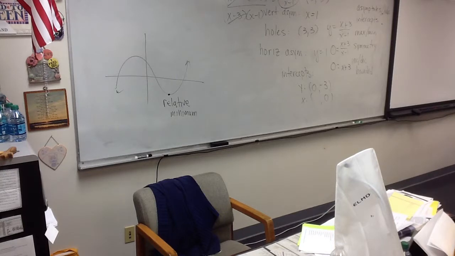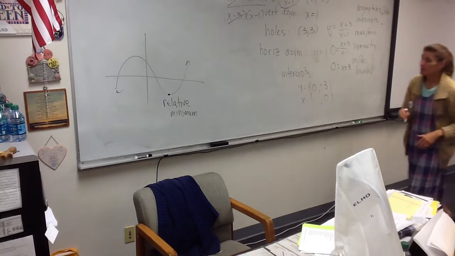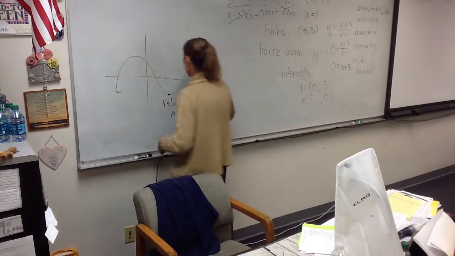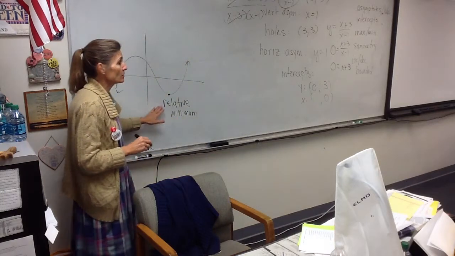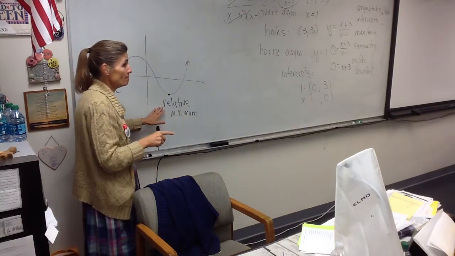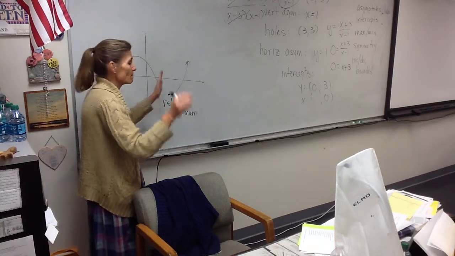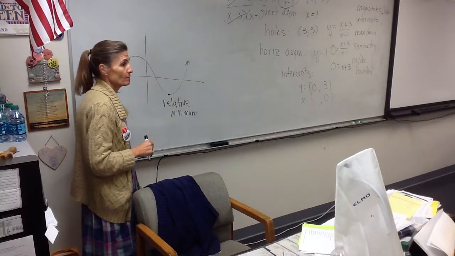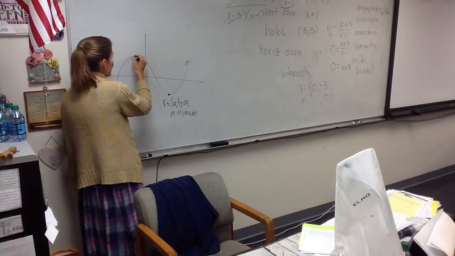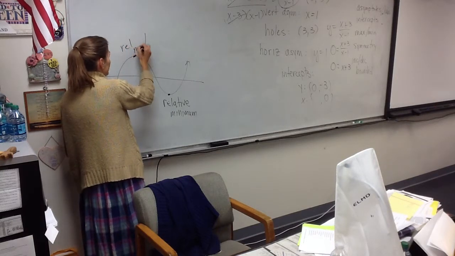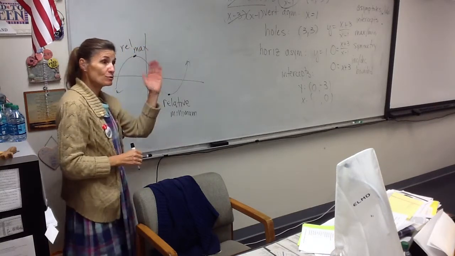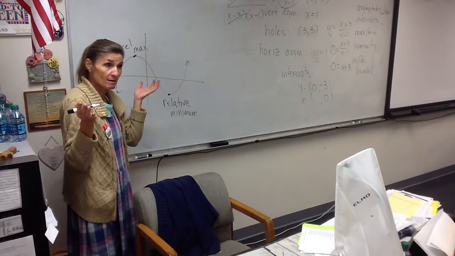So it works exactly like the zero button. You'll graph this thing, press second calc, choose minimum, then do left bound, right bound, guess, and you'll get that point. Same thing for a relative maximum, only obviously when you do second calc, you'll choose the maximum option.